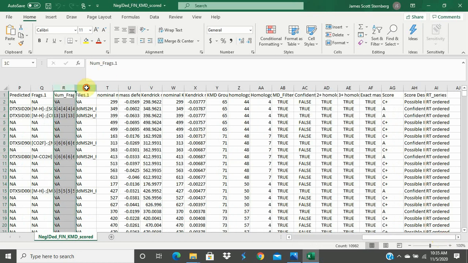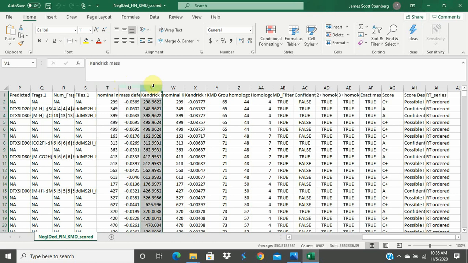The next column, labeled Files1, gives the name of the sample file where the fragments were found. The next two columns, labeled Nominal Mass and Mass Defect, are not super important columns of information. They are provided if you want to plot nominal mass against the mass defect, which is non-normalized or normalized to CF2, and the column labels let you know which one is which.